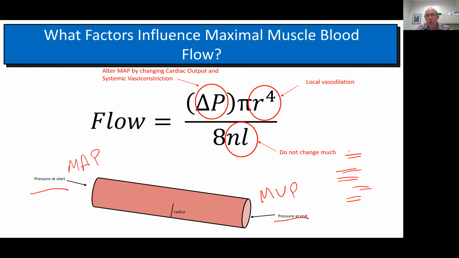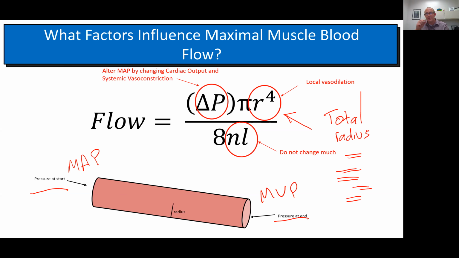It's going to be the total radius. So all those little tiny arterioles in your muscle will all dilate a little bit. And with each of them dilating a little bit, that adds up. So if we just want to look at one artery, like the femoral artery, we can just measure the change in the radius of the femoral or the brachial artery.